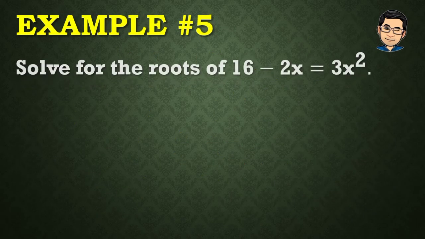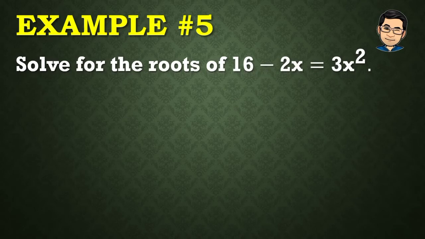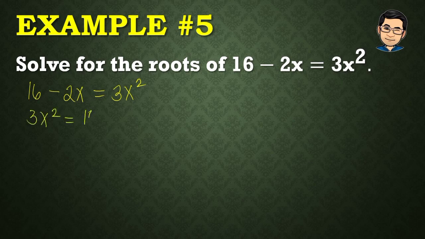So, example number 5, our last example, solve for the roots of 16 minus 2x equals 3x squared. So, i-rewrite natin yung given equation in standard form. So, magiging 16 minus 2x equals 3x squared. So, pagbabalik rin natin sila, pwede naman 3x squared is equal to 16 minus 2x. And then, itong 16 minus 2x na to, kailangan natin siyang mailipat sa left side.